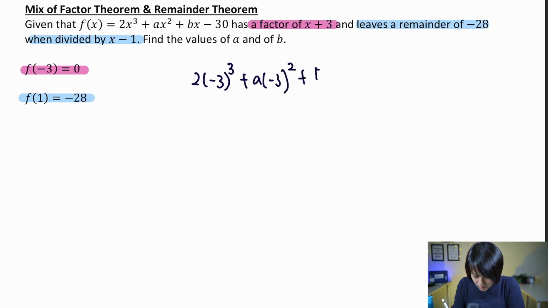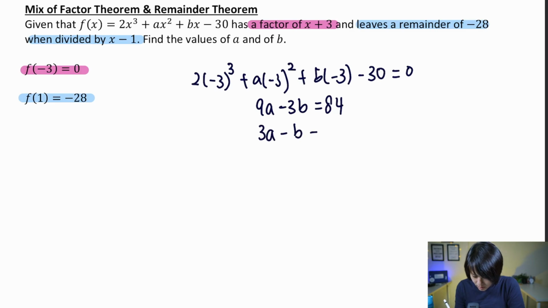So we're going to sub in the values respectively, and get two equations. When I sub in the first equation, I will have 9a minus 3b equal to 84. Since all the values are divisible by 3, we're going to divide everything by 3 to get a simpler equation. And this is my first equation.